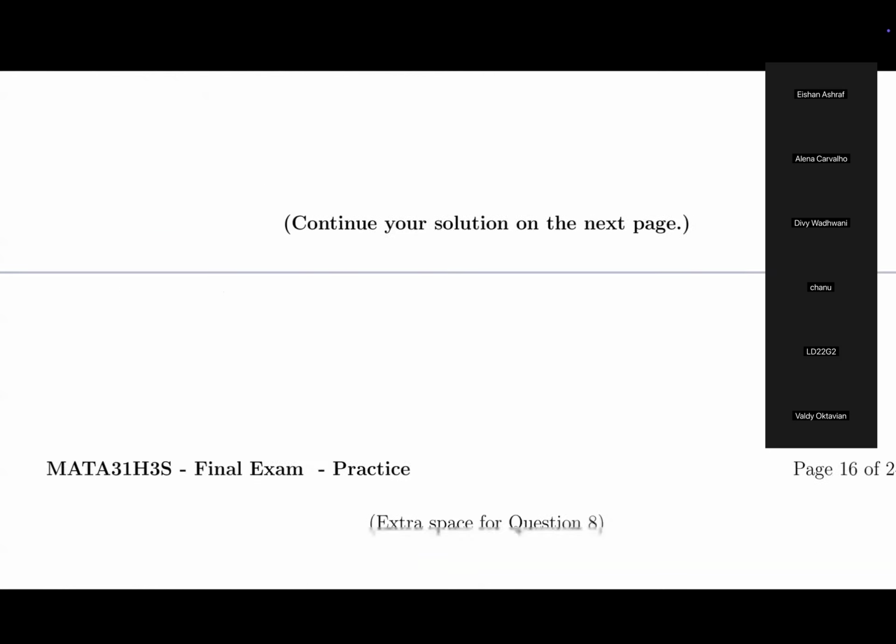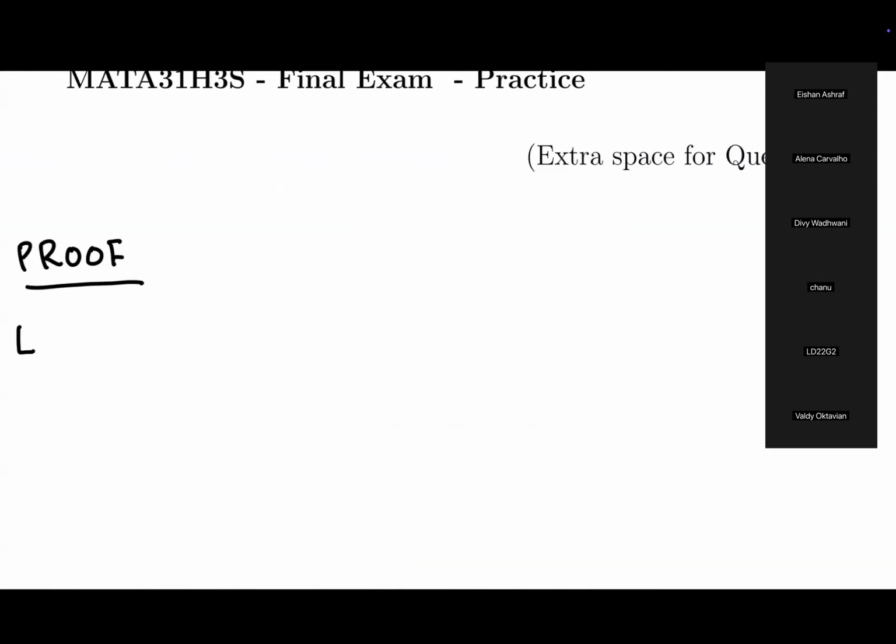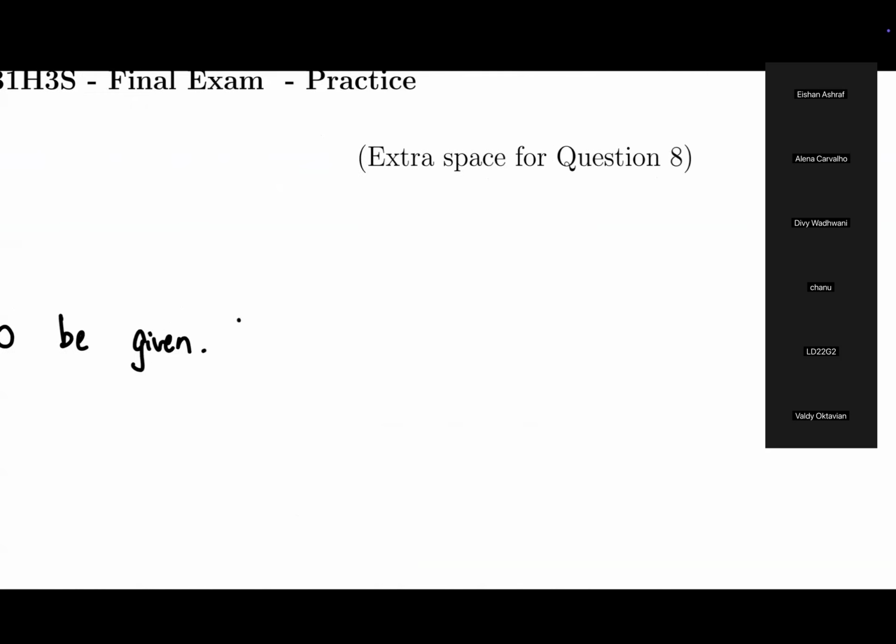So moving on, I'll move on to the next page. Here we start our proof. So we let epsilon be greater than 0. This is given. We choose delta to be the minimum of epsilon or 1.